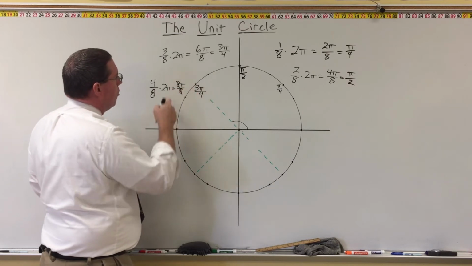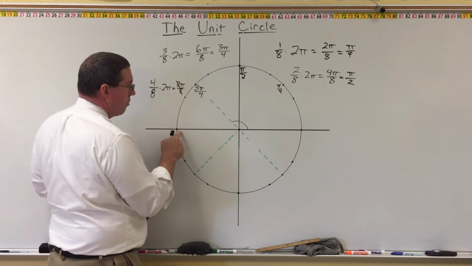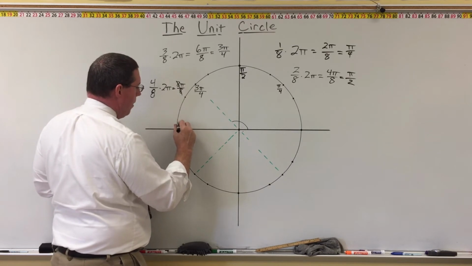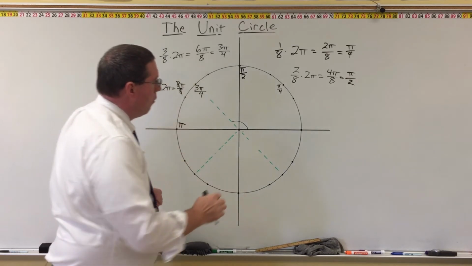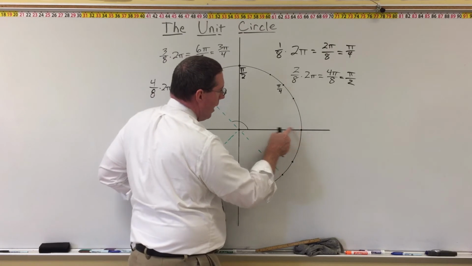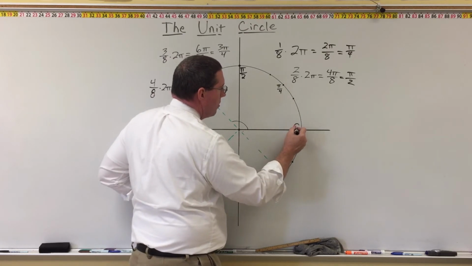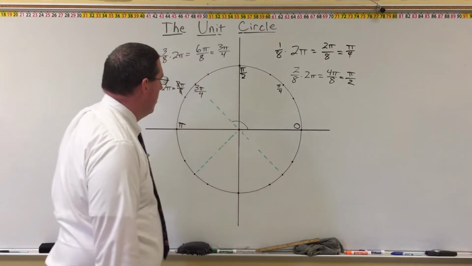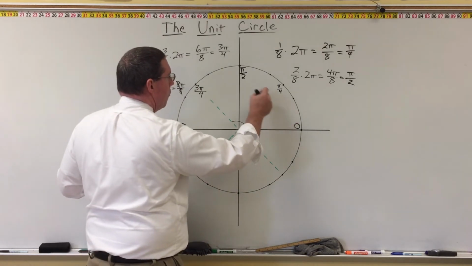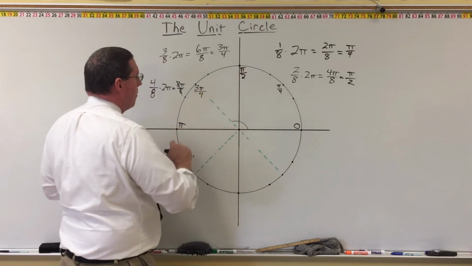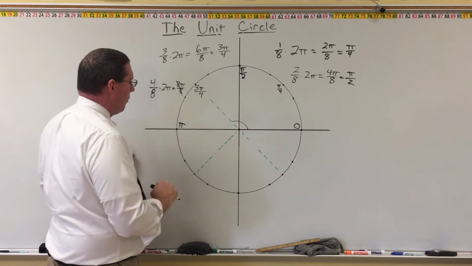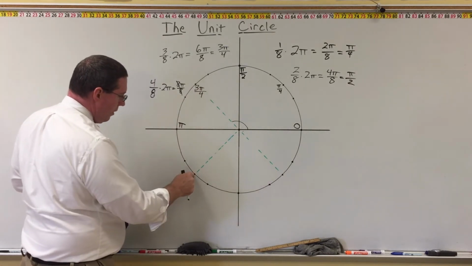The 8's cancel and we get just pi. But we already knew that. So this point right here is pi. By the way, I forgot to put one over here. At the starting place, we have no angle at all. That makes this 0 radians. So we have 0 radians, pi over 4 radians, pi over 2 radians, 3 pi over 4 radians, and then pi radians. So now let's move down here to this one.